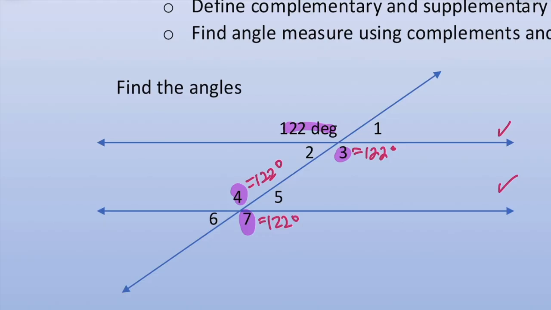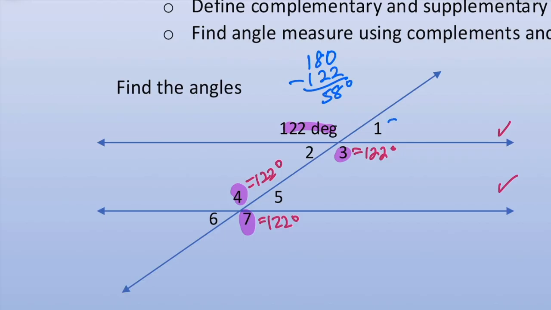Now all the other ones, this is what's great, all the other ones create a straight angle with 122, so they're always supplements. They always add up to 180. So to find the other ones, we're just going to take 180 minus 122, which is 58 degrees.